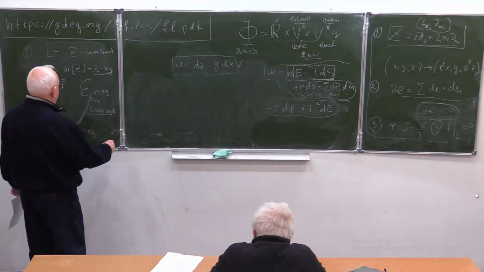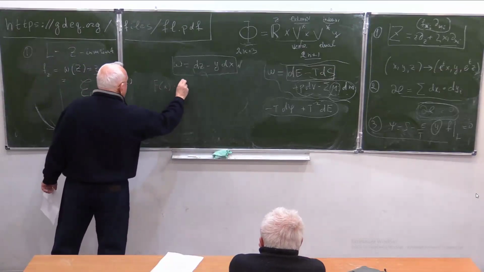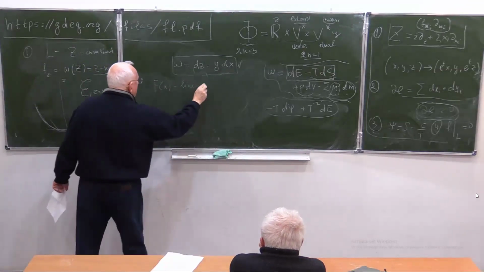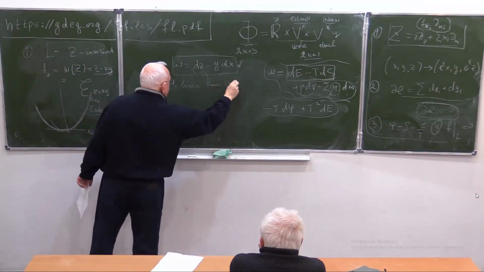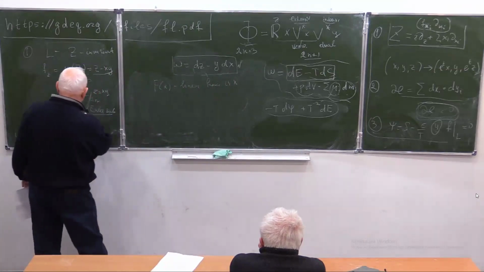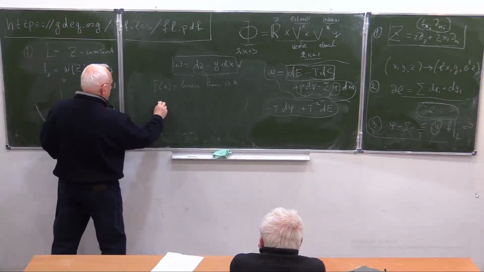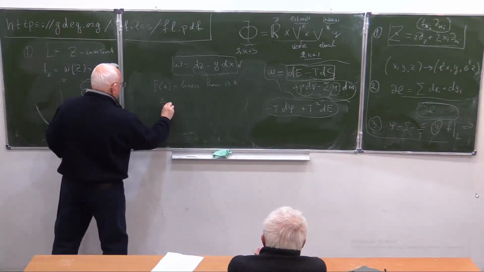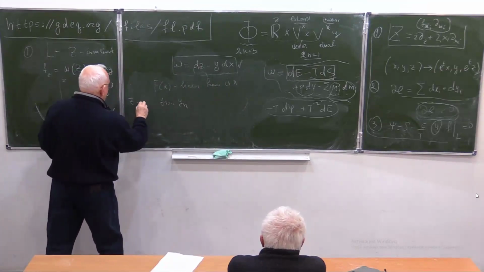Take some linear function f(x). Then we have invariance on this 2n manifold. We have the following invariance: the integrals, right?